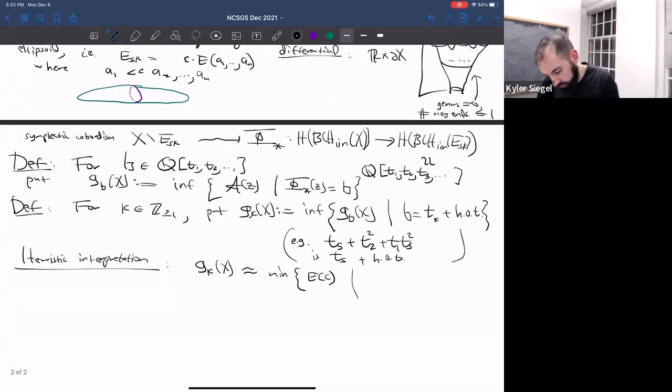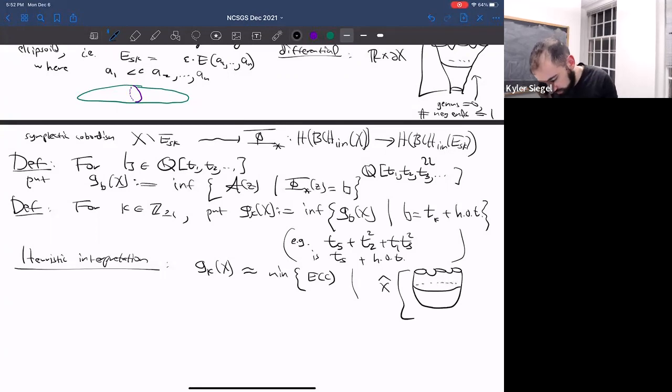So we're looking at curves in the symplectic completion of X, and it sort of wants to be the minimum energy of an asymptotically cylindrical curve in the completion of X.